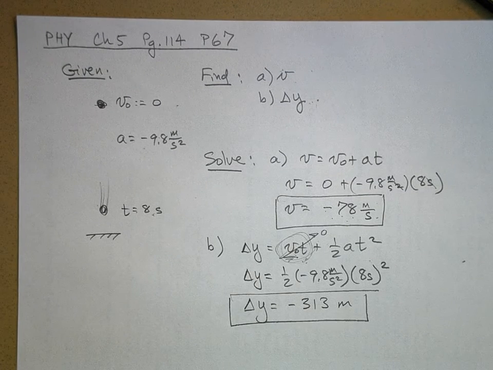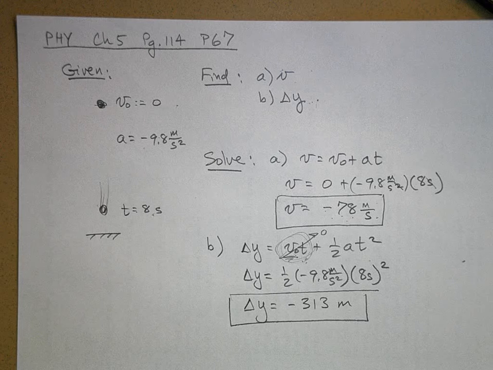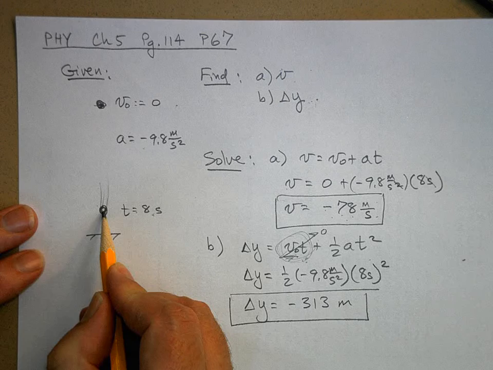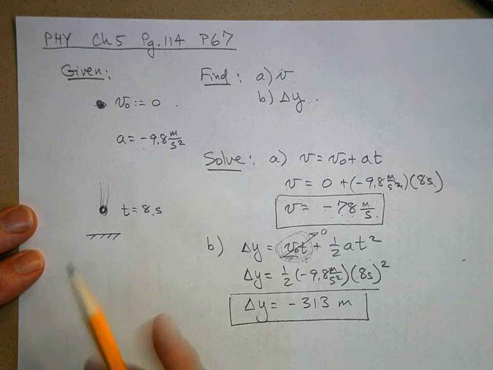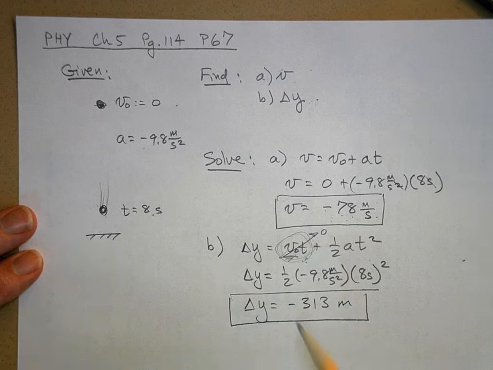Okay. Any questions? Yes. If the velocity is negative, what does that mean? Well, if I tell you something in the y direction has a velocity of negative 78 meters per second, that negative means down.